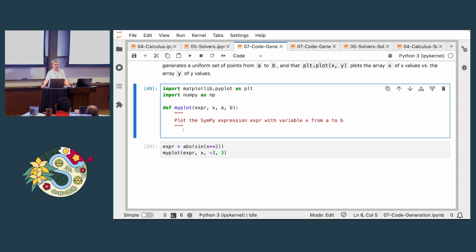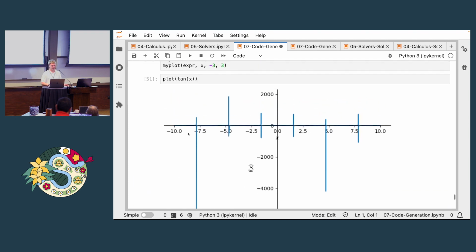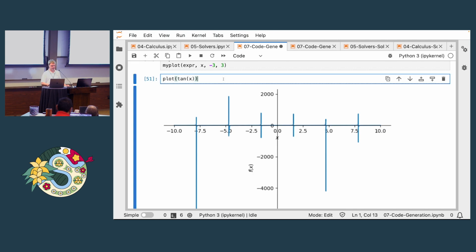Yeah, you can change how many points are plotted. Oh yeah, I guess you can. Yeah, this is what SymPy does when you plot the tangent function. But if you don't like this, you could... I mean, SymPy probably should be smarter about singularities when it plots things, but right now it isn't.